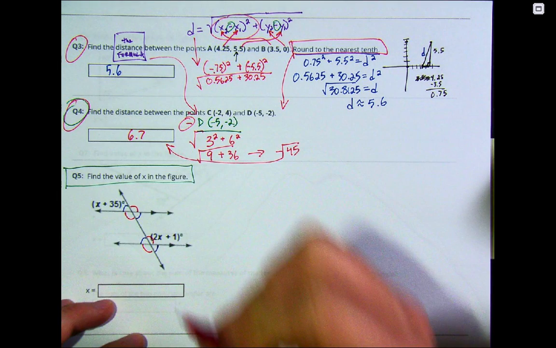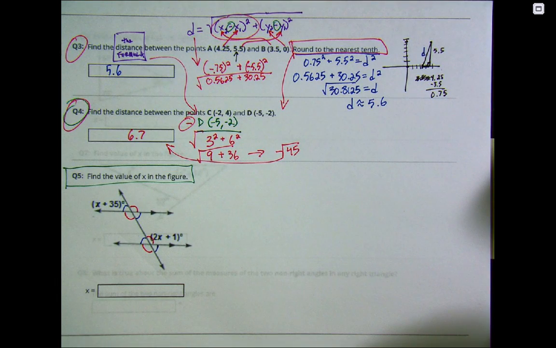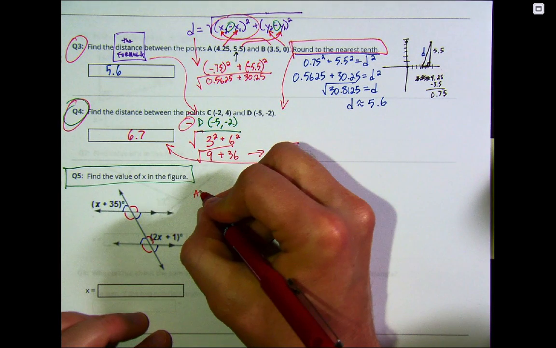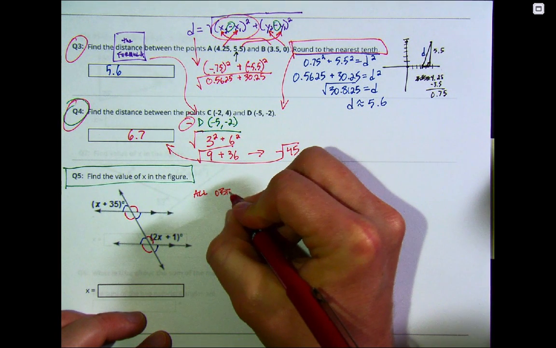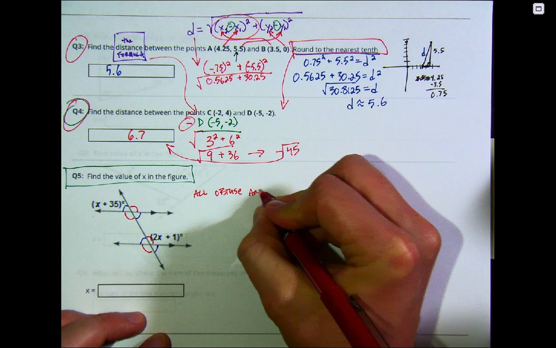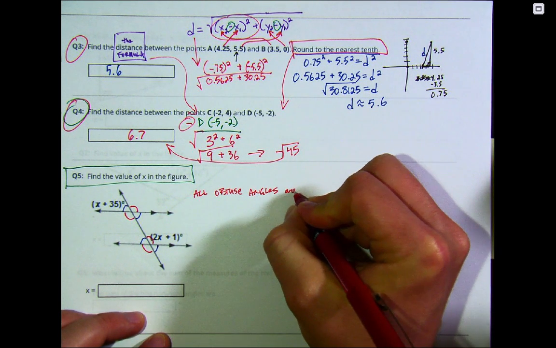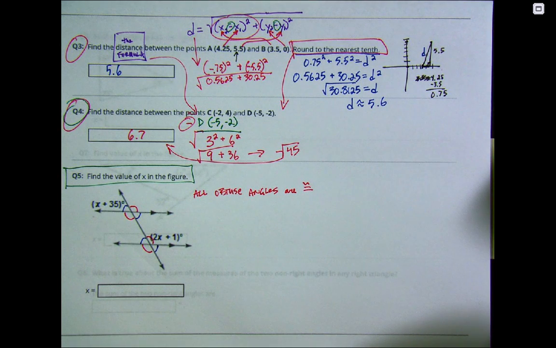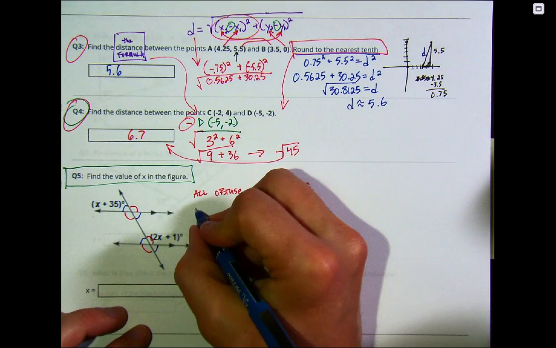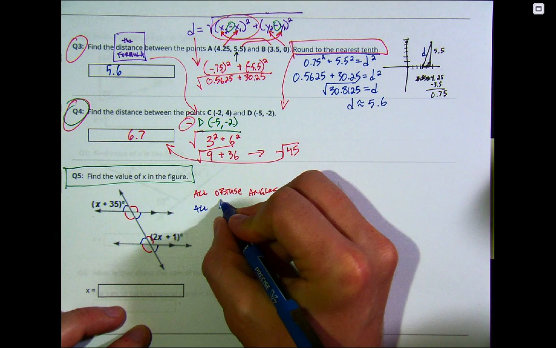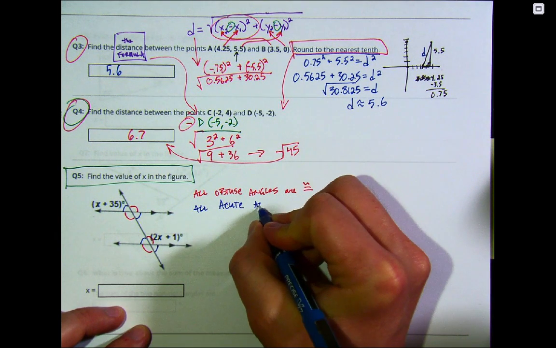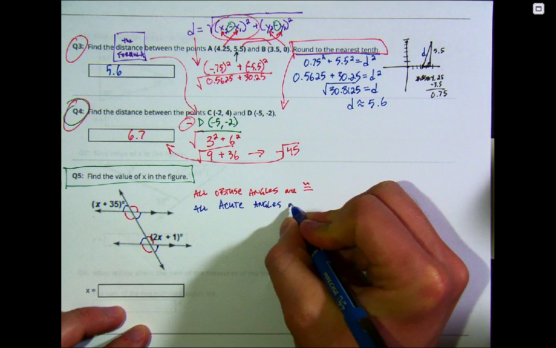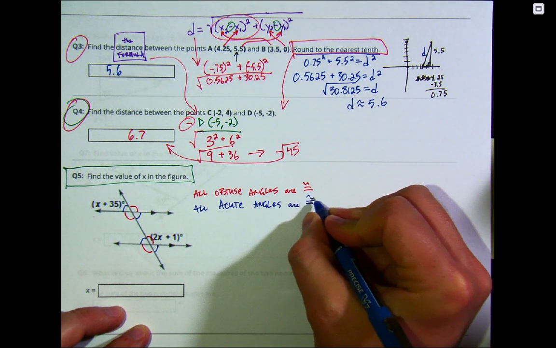And the beautiful thing about a scenario like this is all obtuse angles are what? Equal or congruent. And we could also say the same thing about the acute angles. They're equal or congruent.